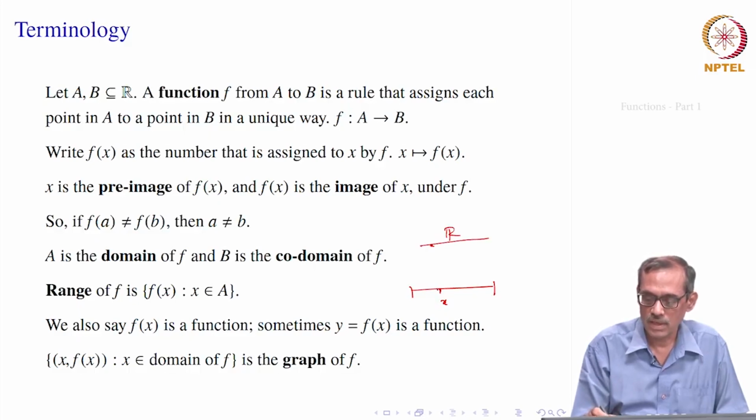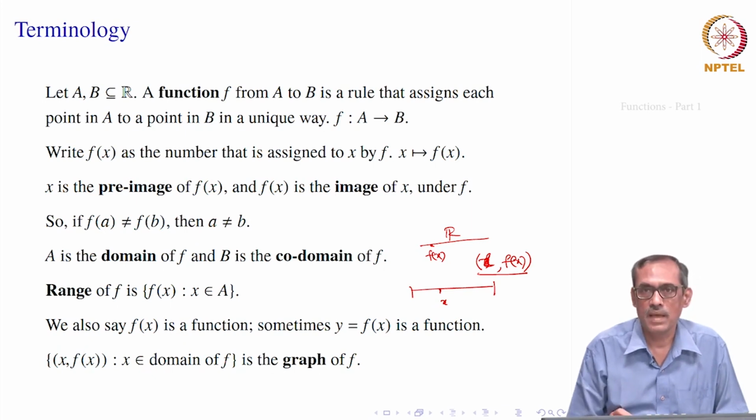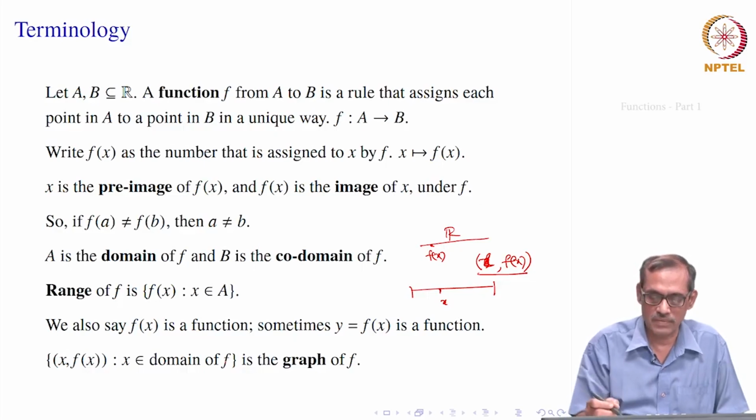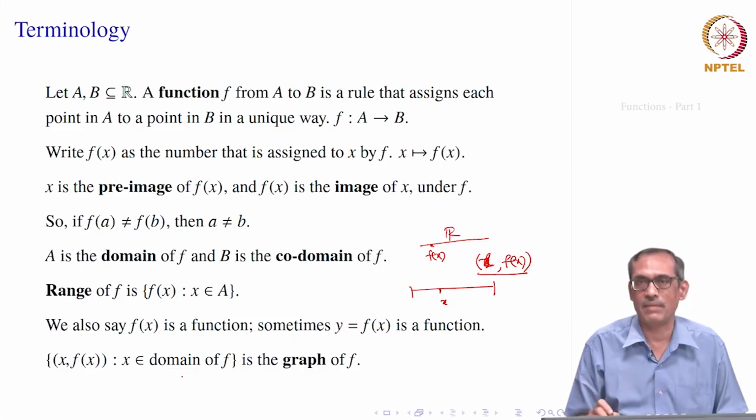So, now we take together x and f of x, make one ordered pair, x and f of x. This set of all these ordered pairs will be called the graph of f. Actually, f and graph of f are not different, but since we are telling f is a rule, we are using another terminology that this is called the graph of f.